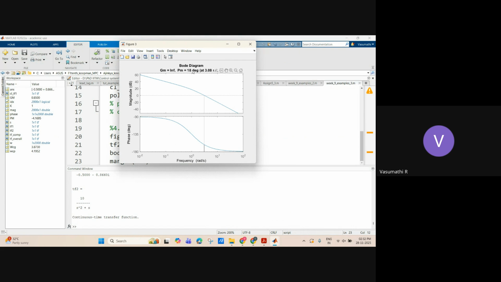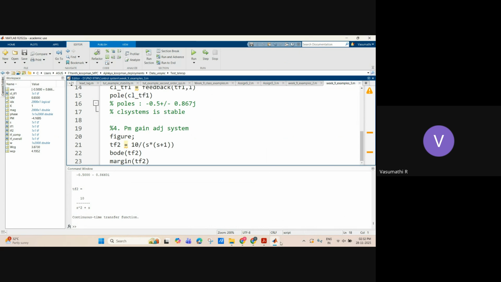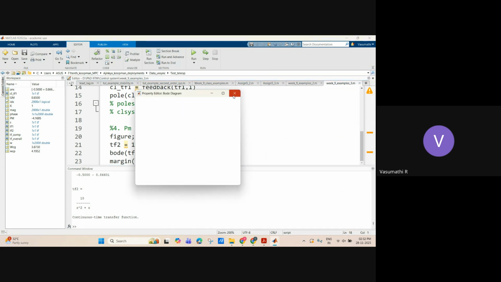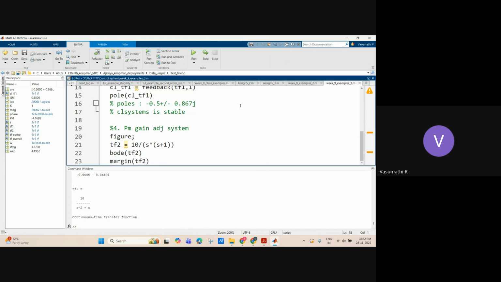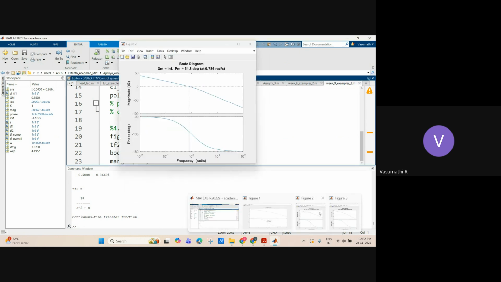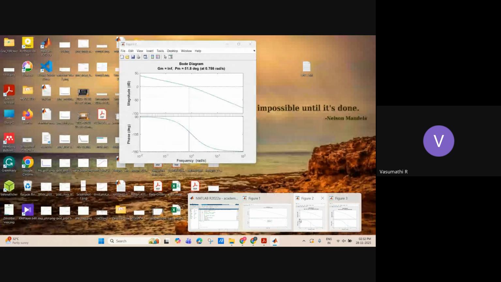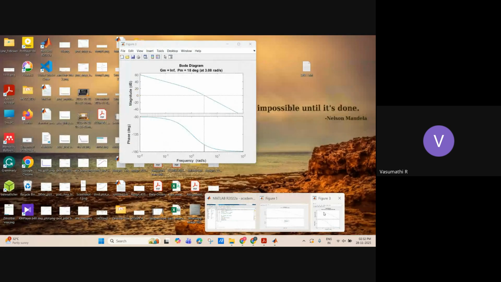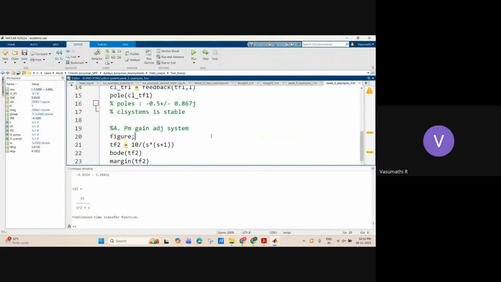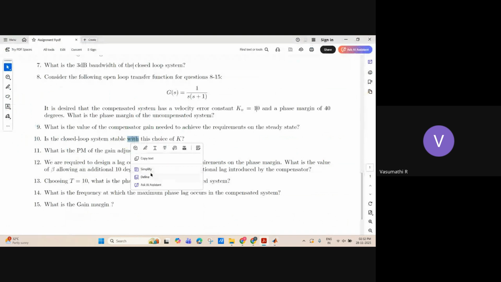So now we have to increase the phase margin from 18 to 40, right? So 40 is the desired phase margin. It was 52 before, now it has become 18. The phase margin of the gain adjusted system is 18.